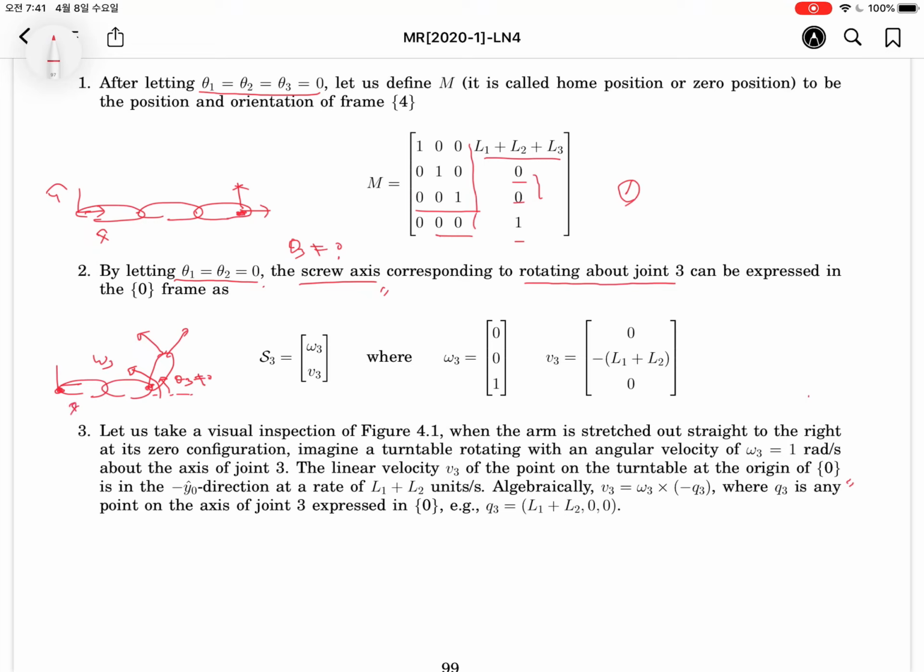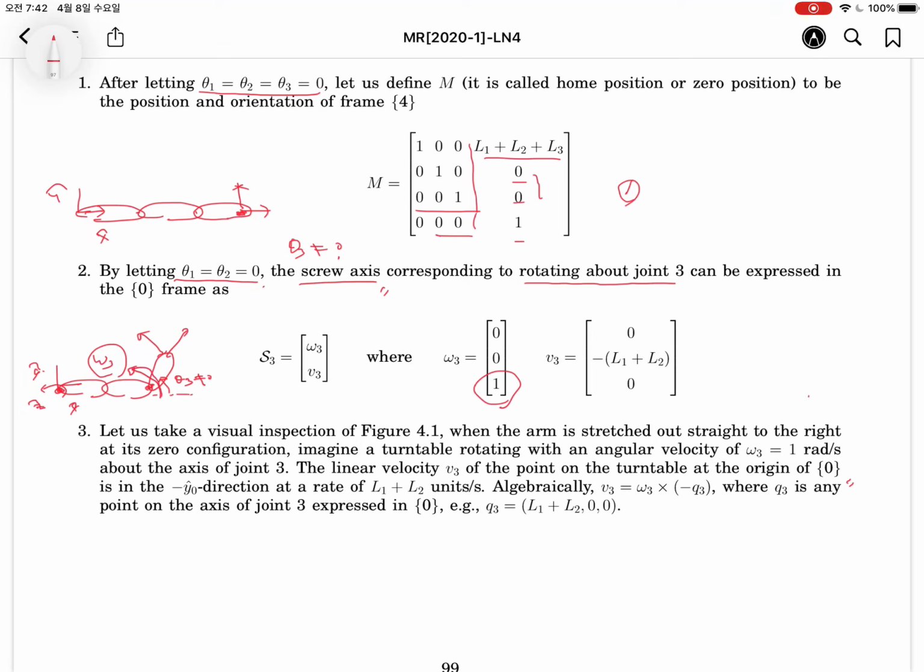How about that? This is the x-axis, this is the y-axis, and the out of plane direction will be the z-axis. So omega 3 is equal to 0, 0, 1, is it right? The axis is directed out of the plane.